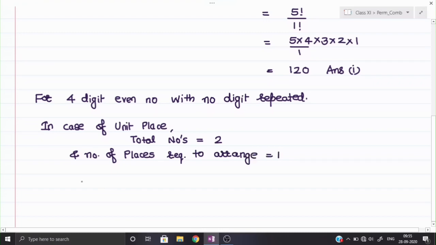So therefore number of ways will be equal to 2P1.